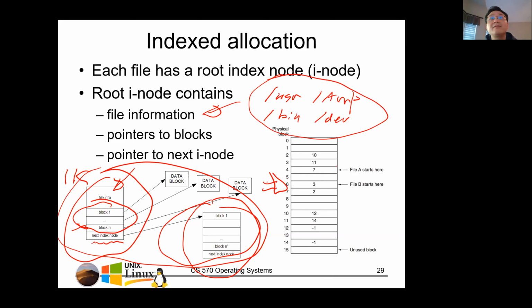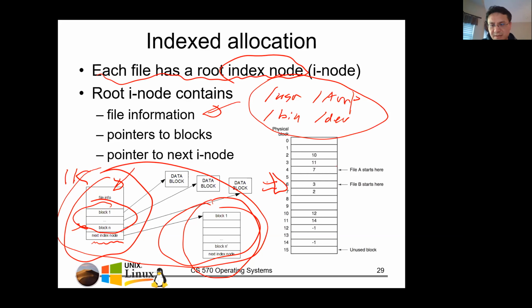Yes, Frankie, you have a question? You can just unmute yourself. How does the OS keep track of where the files start? Like at what block they start? Is it in the root inode? Yes, correct. Each file has a root index node. What I just talked about, inode 0, that's just the system, because all inodes are indexed.